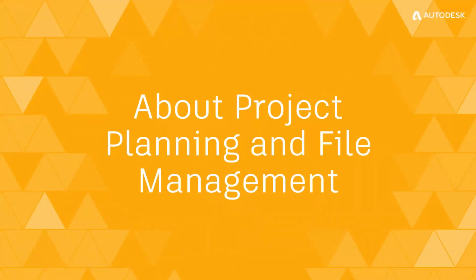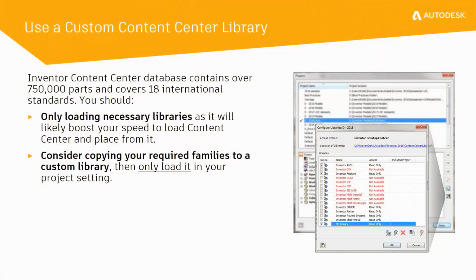So let's talk a little bit then about project planning and file management. One aspect of that discussion that we had is around things like your content center and managing content center data. More commonly, what people do is they load all of the content center libraries up and start using it the way it comes installed by Inventor.